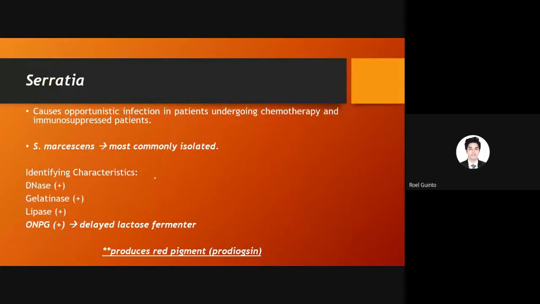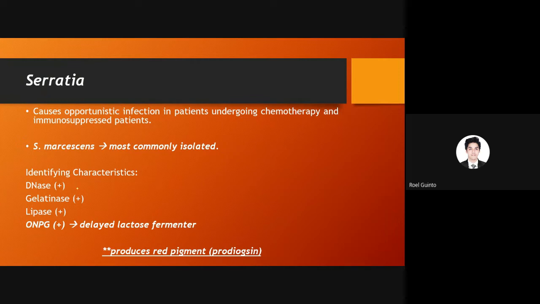Next, we have Serratia. So Serratia causes opportunistic infection in patient undergoing chemotherapy and immunosuppressed patient. So the commonly isolated microorganism under Serratia species is Serratia marcescens. So what is the identifying characteristics of this microorganism?